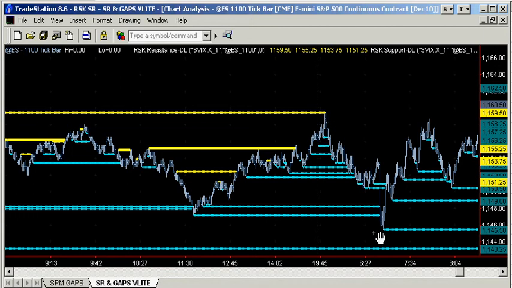So while the indicator said stay short, and we were taking short trades, we weren't really making anything until after the market closed. And in the after hours, it tanked.